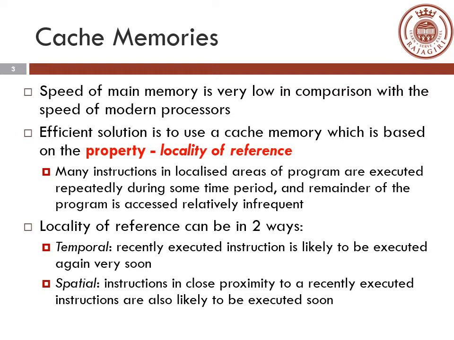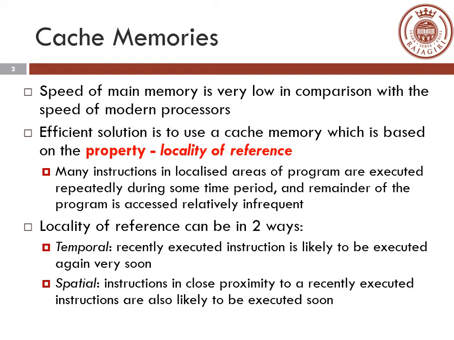In general, most of the instructions in a localized area of a program are executed repeatedly during a period of time, and the remaining instructions are not that frequently accessed.